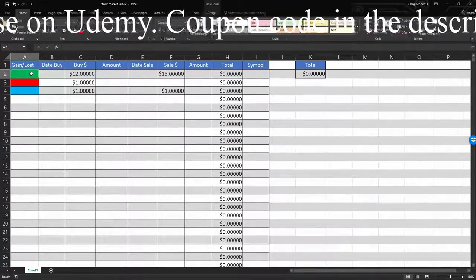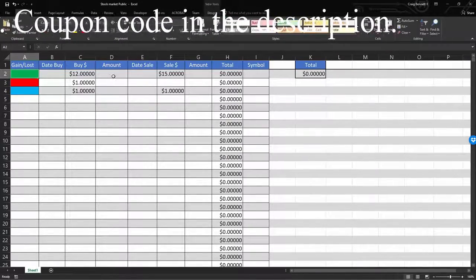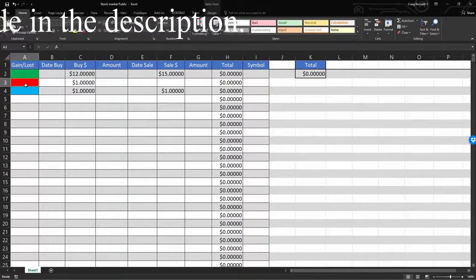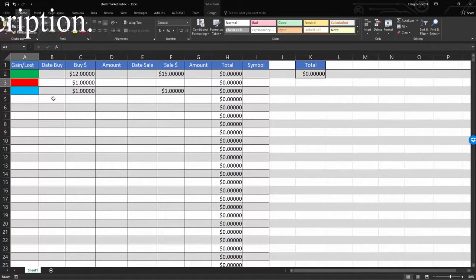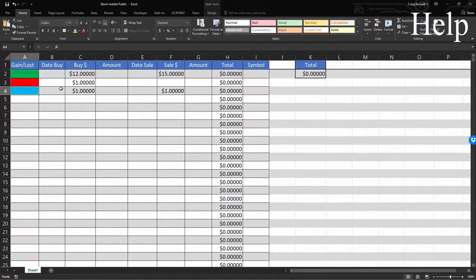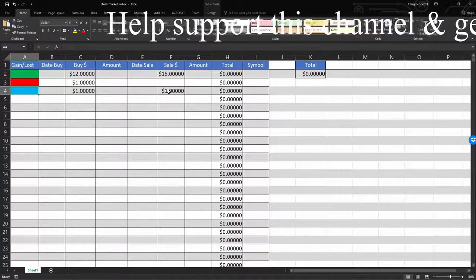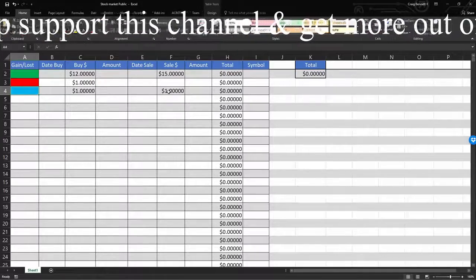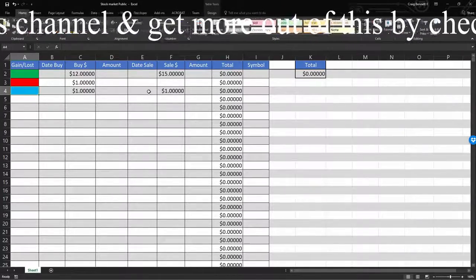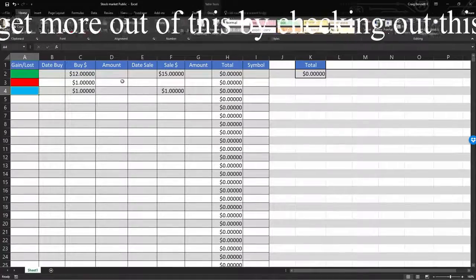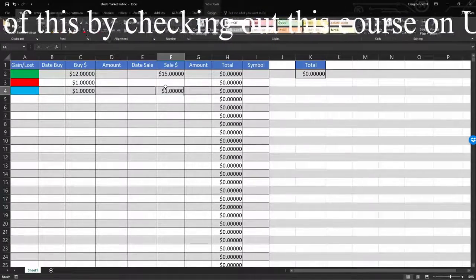So basically if it's green, then you made money off of it. If it's red, then you lost money. If it's blue, then it's equal, you came out even. Obviously, keep in mind this is before any fees and any of that other stuff, but just as an overall, this lets you know how you're doing.